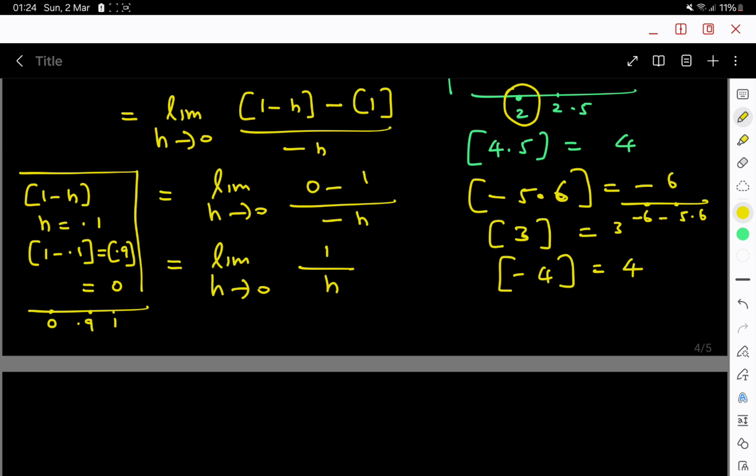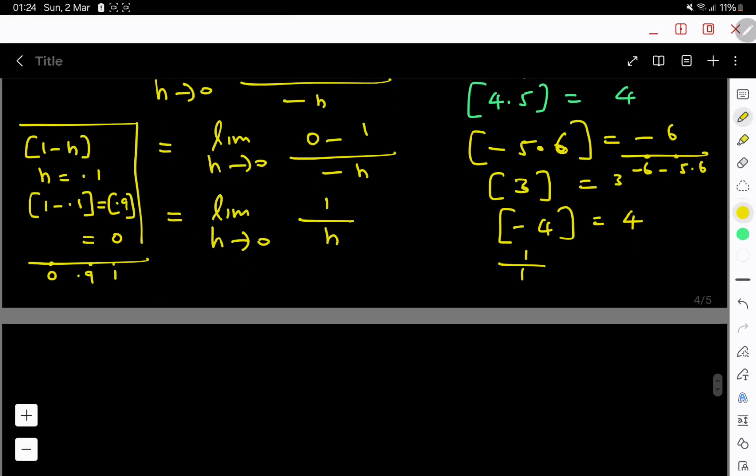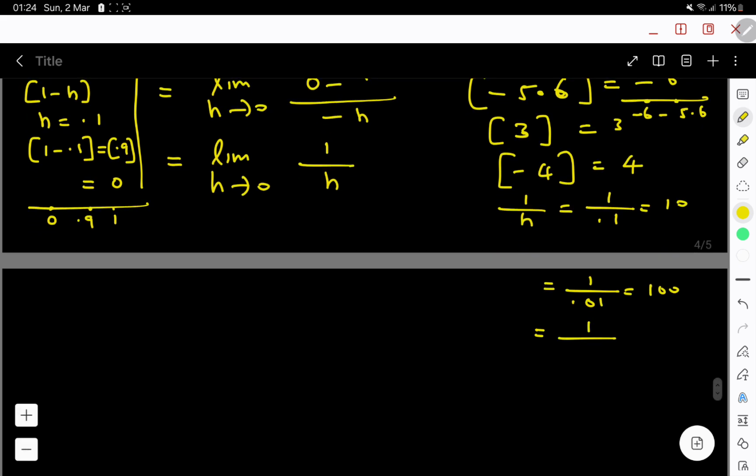Now I am taking h equal to 0.1, so 1 by h becomes 10. Take h equal to 0.01, we get 100. h equal to 0.001, it is equal to 1000. If you take h as a smaller and smaller value, we get a huge value, that value is called infinity.